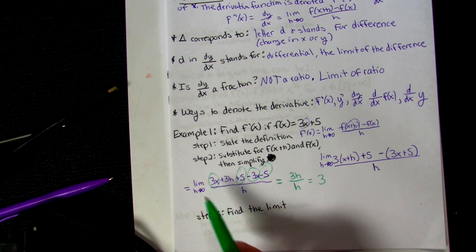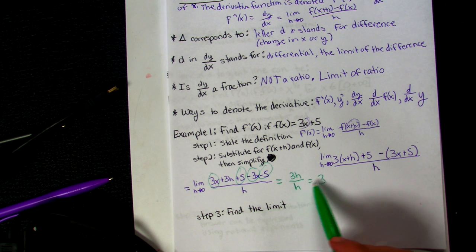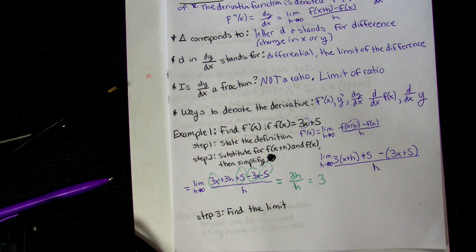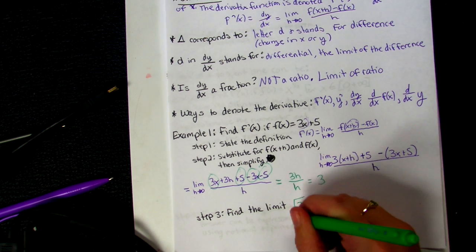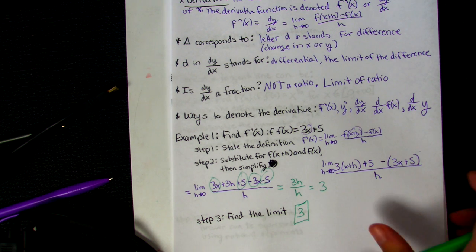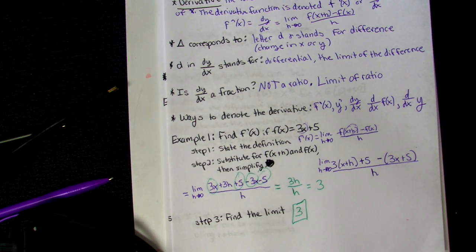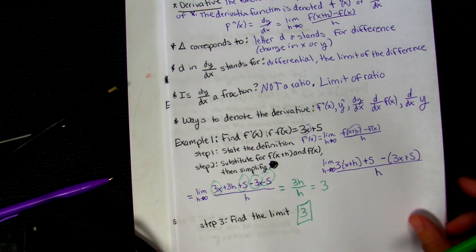It's saying, go ahead and plug in 0 for h. Well, the h went away. It's canceled, which means that my limit is 3. All right, and that is how you do a problem like that. So I just found the slope of the line tangent to the function 3x plus 5.